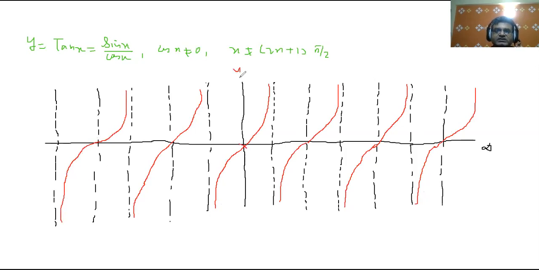So this is the y-axis, and this is x. Now this is 0, this is pi by 2, pi, 3 pi by 2, 2 pi. This is considered to be the first quadrant, this is the second quadrant, this is the third quadrant, this is the fourth quadrant. Likewise, it is repeating itself, going up like this. Here also it is the fourth, the third quadrant, the second quadrant, and the first quadrant.